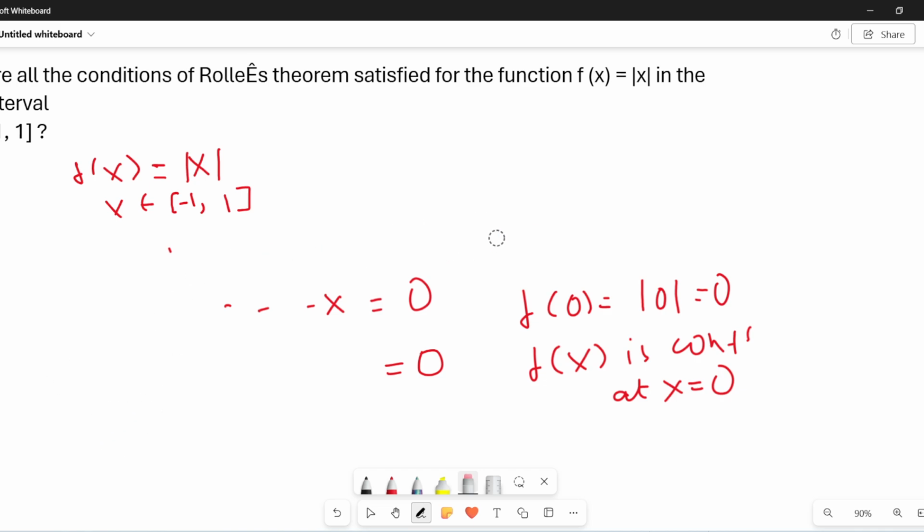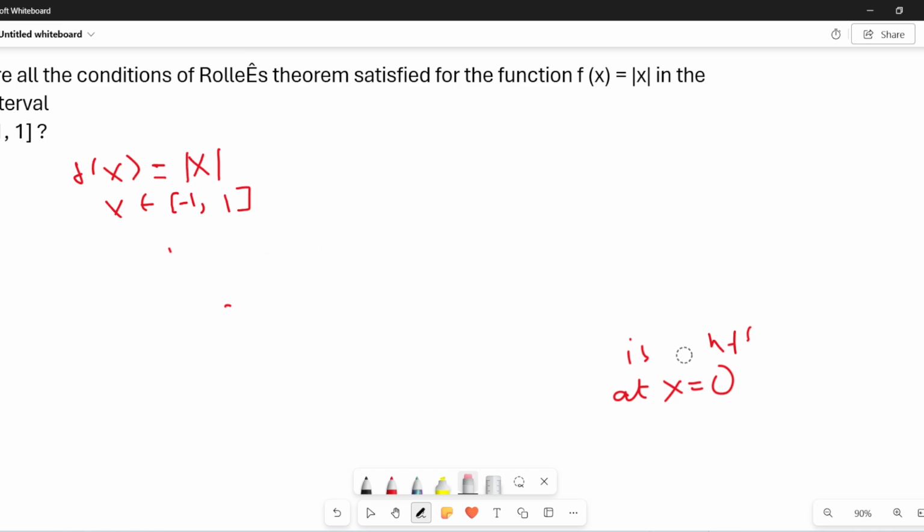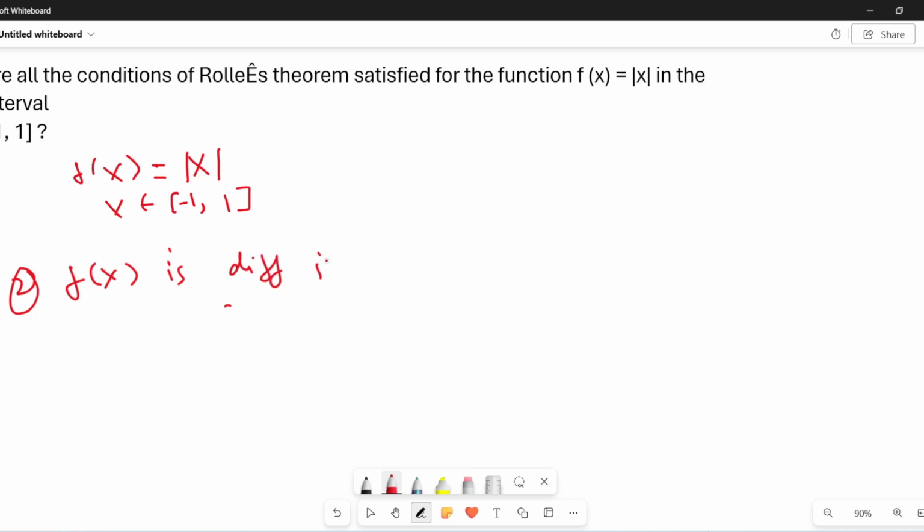Now we check the second condition. Is the function differentiable or not? We know the graph of f(x) = |x|. It looks this way: this is -1, this is 0, this is 1.